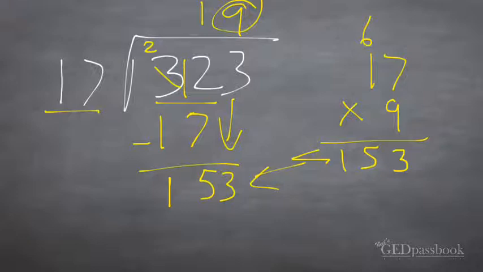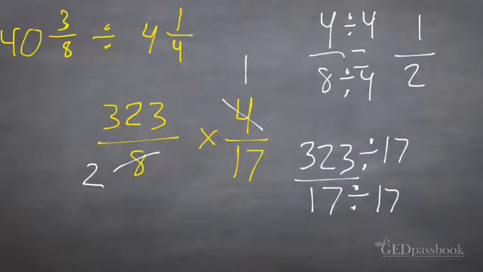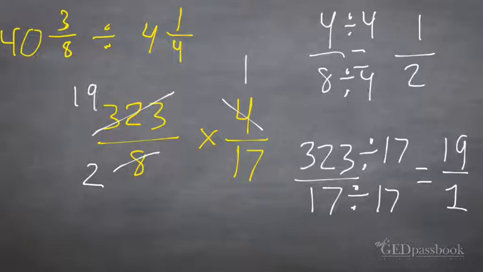But the reason why we did that division was because it simplified down to my 19 over 1. Because now I could actually cut that 323 down to 19 and cut that 17 into a 1. Now everything is simplified. Now you can just multiply straight across easily.